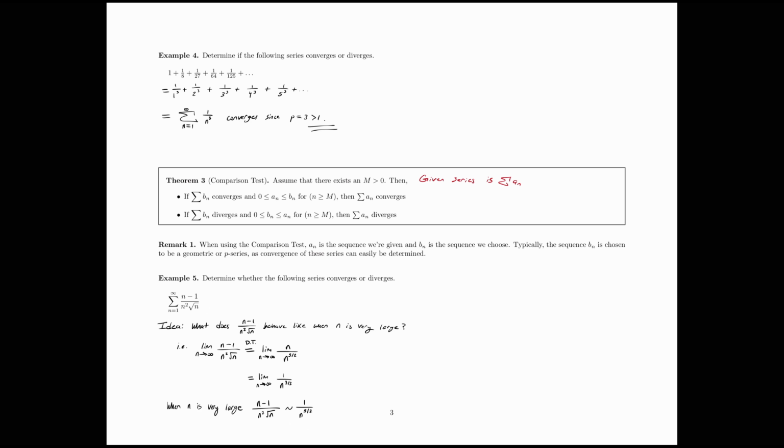Okay? So what we have to do is think, is this larger than what we started with? So let's think about this. N minus 1 over n squared square root of n. To get rid of this minus 1, we could add 1.